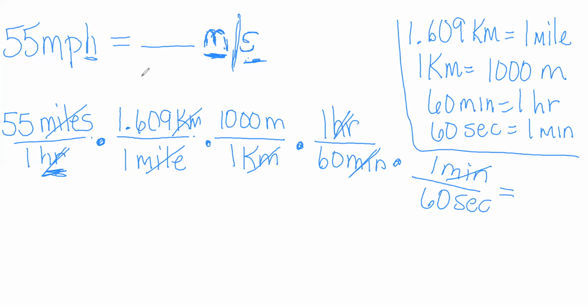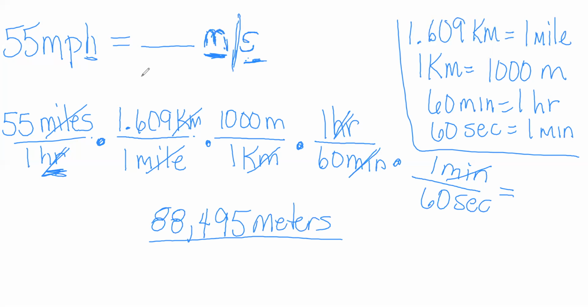So now we just have to put it in the calculator. You're going to do 55 times 1.609 times 1,000. And that's going to give you 88,495 meters. And then across the bottom, you've got the ones, but you don't have to worry about those.